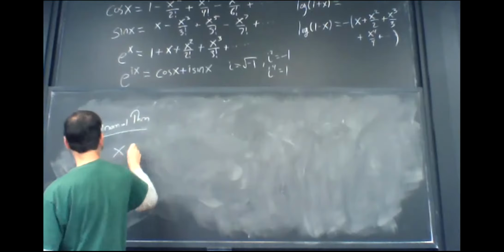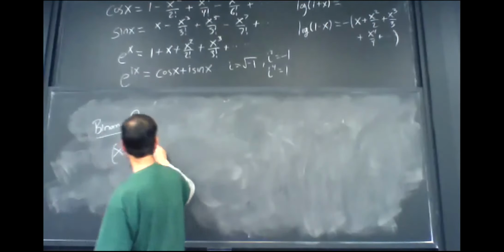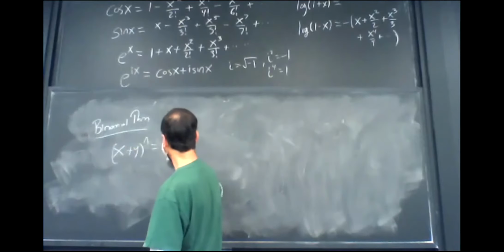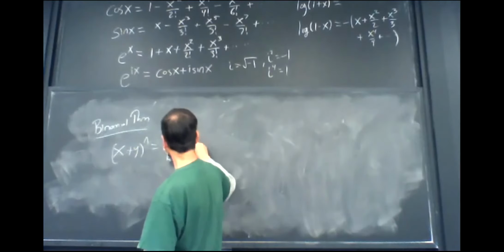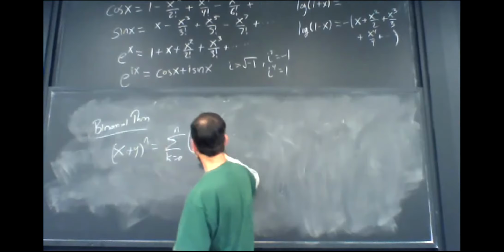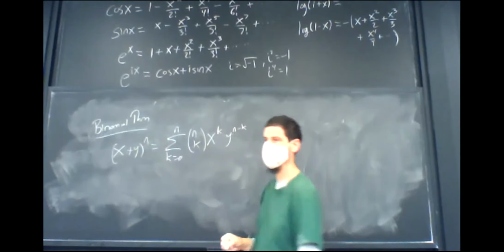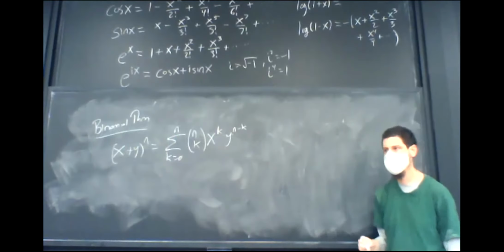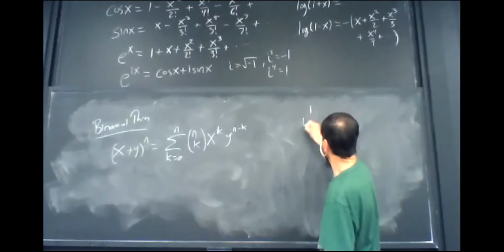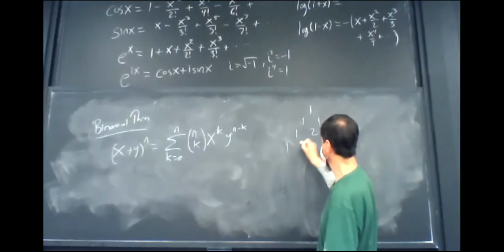If I give you (x plus y) to the n, this is the sum, k goes from 0 to n, of n choose k, x to the k, y to the n minus k. You might know this from Pascal's triangle.